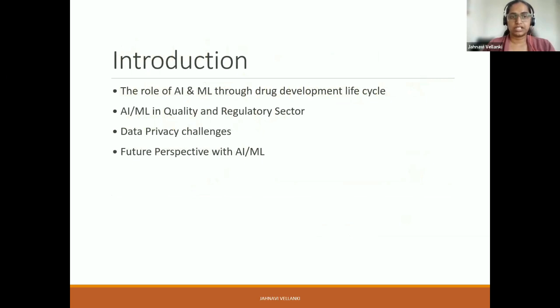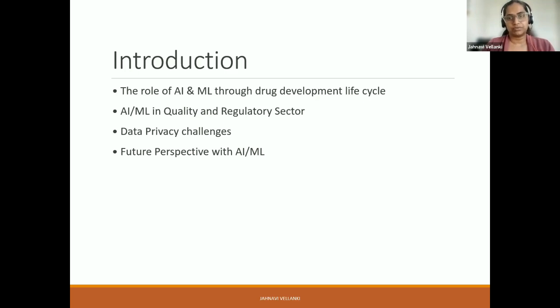Today's presentation is going to be very high level. The goal is to give you a summary of how artificial intelligence and machine learning can be utilized, or have been utilized, in today's industry, from the drug development process to post-market surveillance, and what benefits we have in doing that.